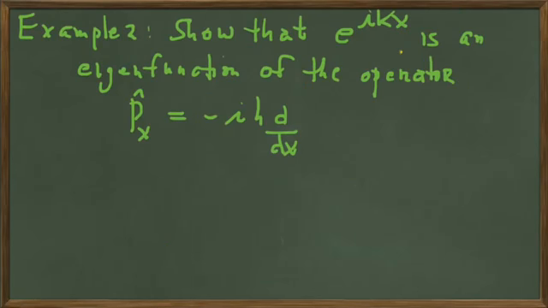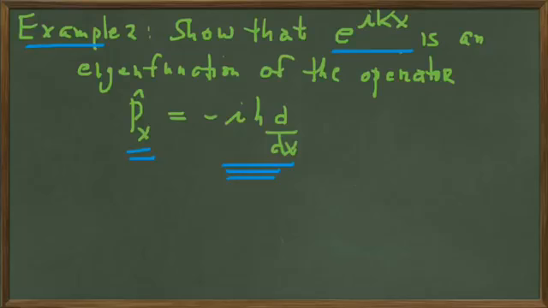So let's look at a second example of an eigenvalue problem where we're trying to show that the eigenfunction e to the I kx is an eigenfunction of the operator p sub x, which is defined as minus I h. I is the constant square root of -1, h is Planck's constant, and then we're taking the first derivative with respect to x. So p sub x is defined this way, and p sub x is actually the position operator.